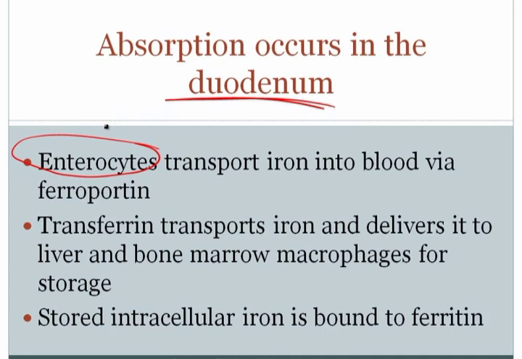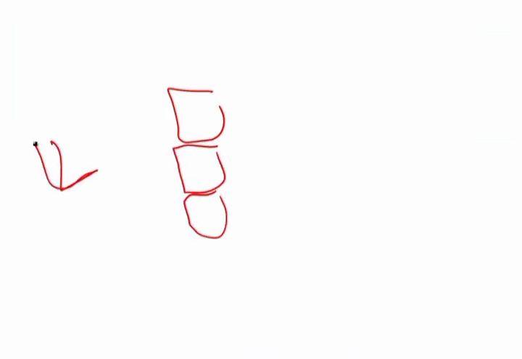Basically, the enterocyte takes up iron from the gut and then has the ability to transport it into the blood via a transporter called ferroportin. Now let me draw this for you. Let's pretend that this is the enterocyte, and this is the lumen of the gut, and over here would be a blood vessel.